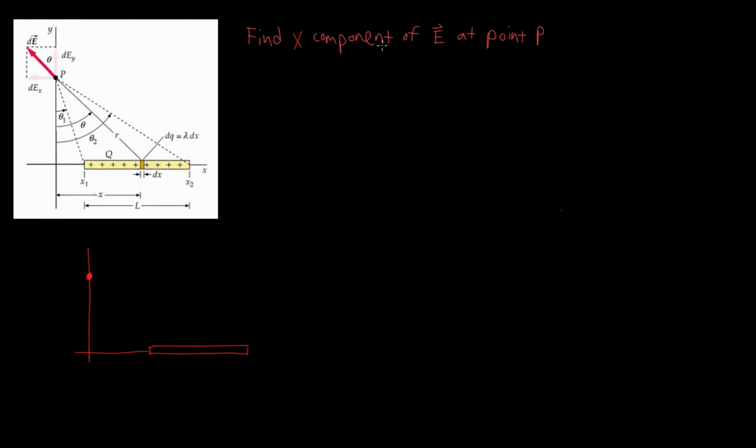And so we want to find the electric field at point P. And in order to do that, we would have to come up with an expression for the electric field due to this segment of charge.